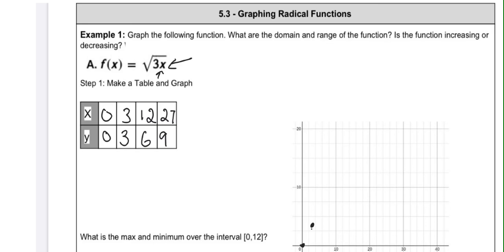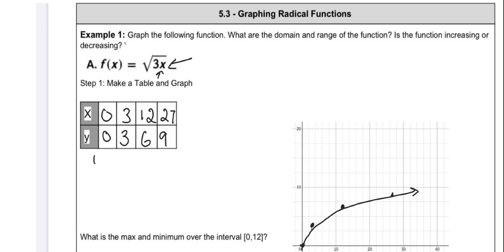Doesn't have to be perfect. 12, 6, and then 27, 9. All right. And that is an example of the graph for square root of 3x.